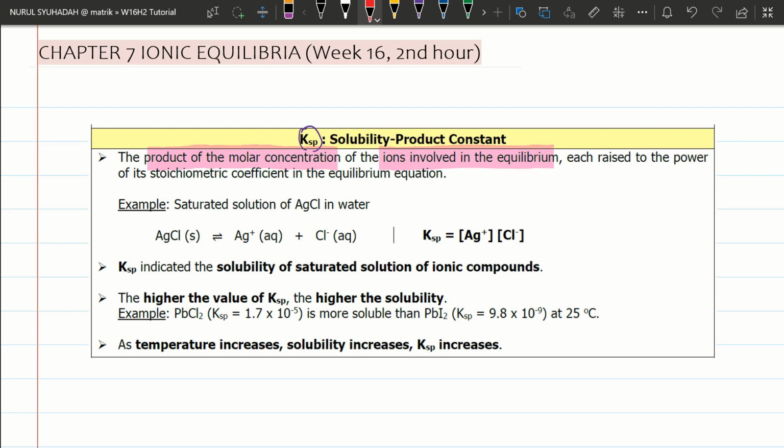Saturated solution tadi, okay, saya tulis kat sini. So, saturated solution, okay, based on your notes just now, adalah amount of dissolved solute that is in equilibrium with undissolved solute.